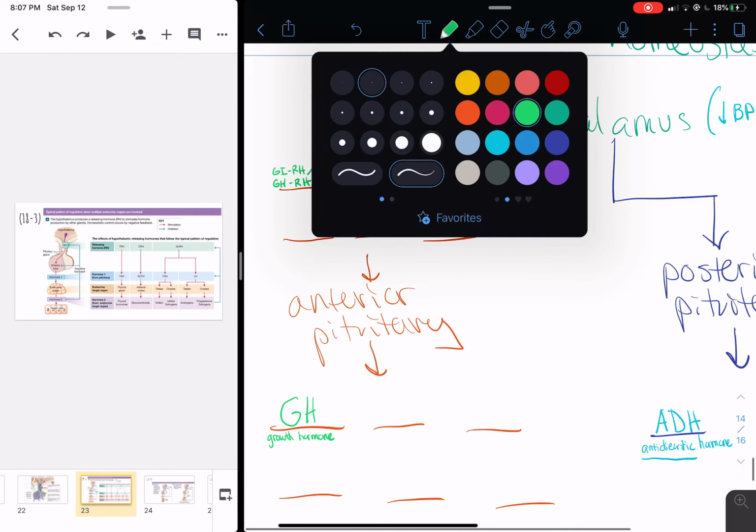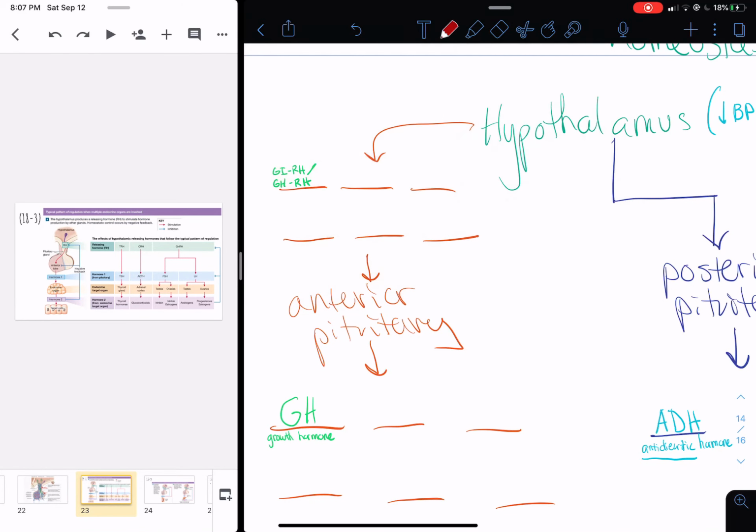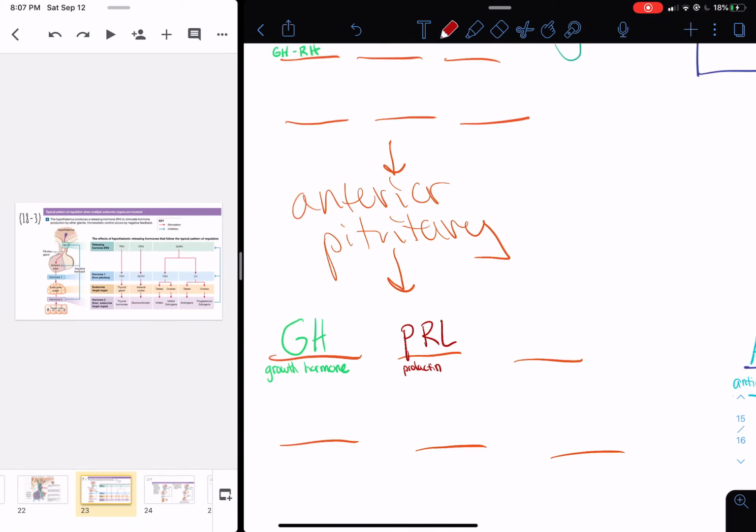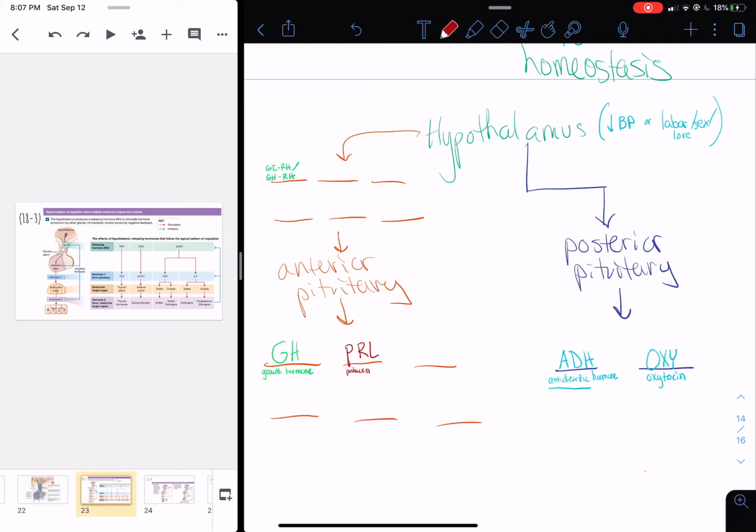Okay. Next, let's do prolactin. I'm just kind of choosing these arbitrarily. Prolactin hormone is going to be released during, I think, a week or two before labor, and thereafter, as long as the positive feedback mechanism is still in play.